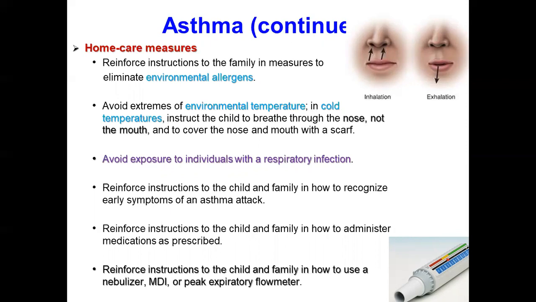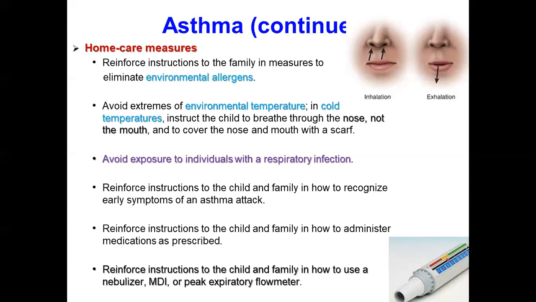Tell your patient to use a high Fowler's position. Give them nebulizer, oxygen, antibiotics, or steroids. And sometimes we use prophylaxis medication like albuterol.